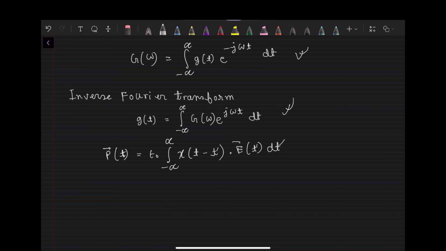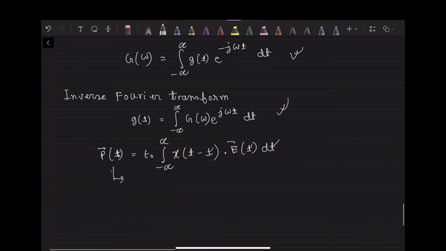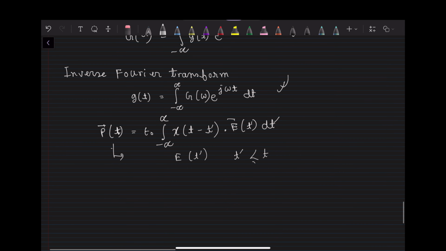Okay, so at time t, polarization is affected by electric field t dash for all time which are less than equal t, right? It cannot be greater than t because then it won't follow causality, right?